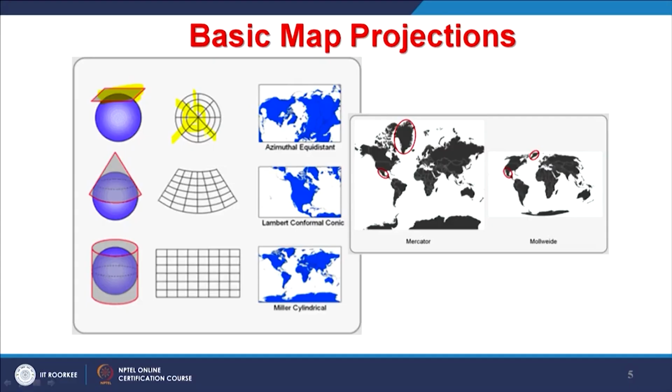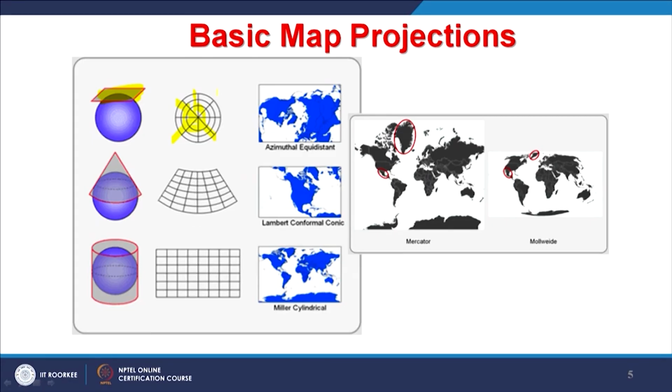If it is a conic projection of the northern hemisphere, this is how it will be represented: the longitudes would be straight lines, whereas the latitudes are curved, which is just opposite to azimuthal.